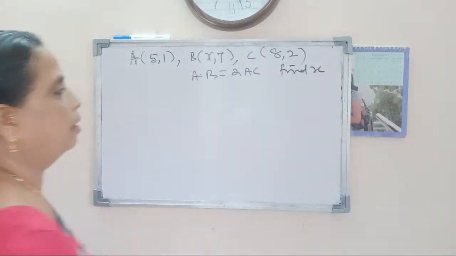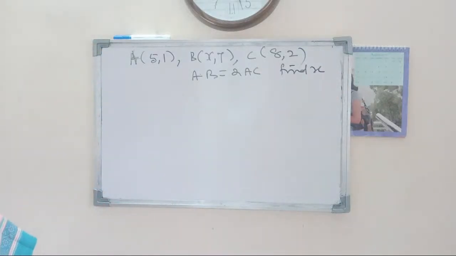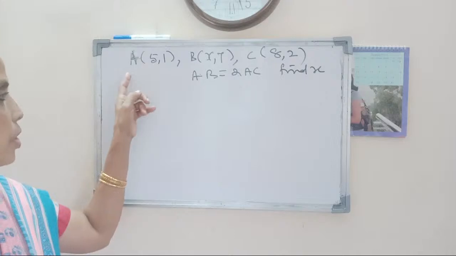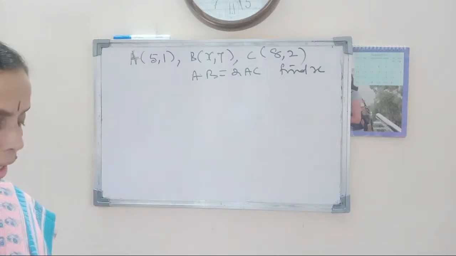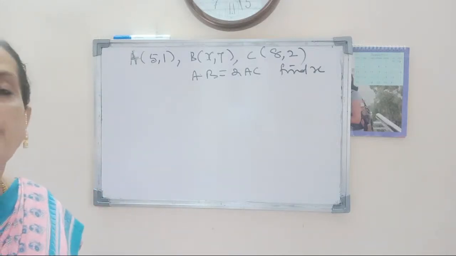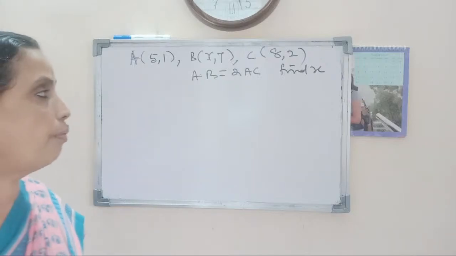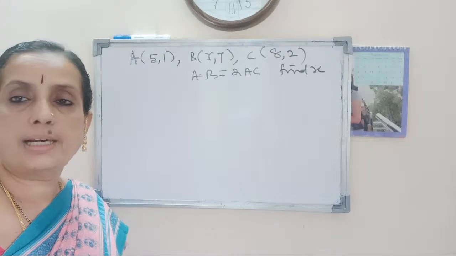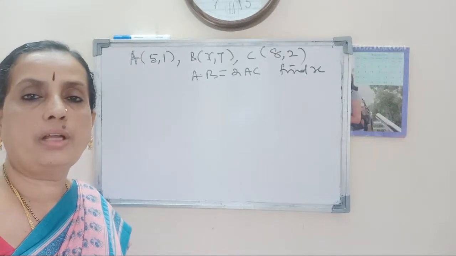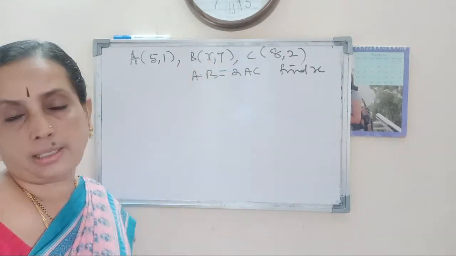They have given the relation of the segment part, that is distance AB is 2 times the distance AC, or you can take AC is half of AB. On such condition, what is the value of this x?